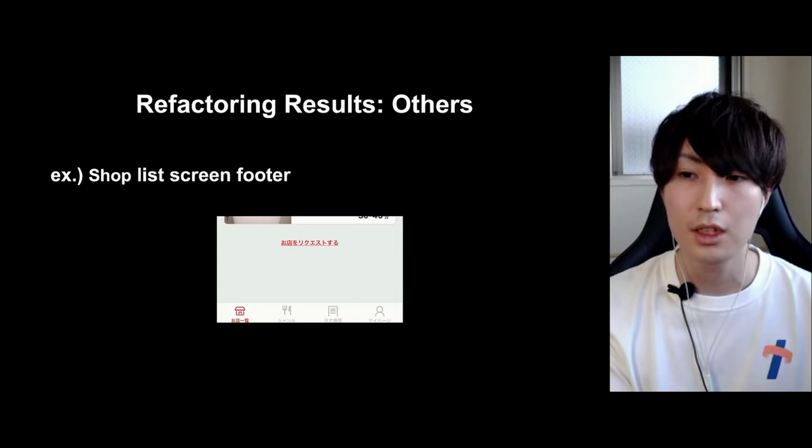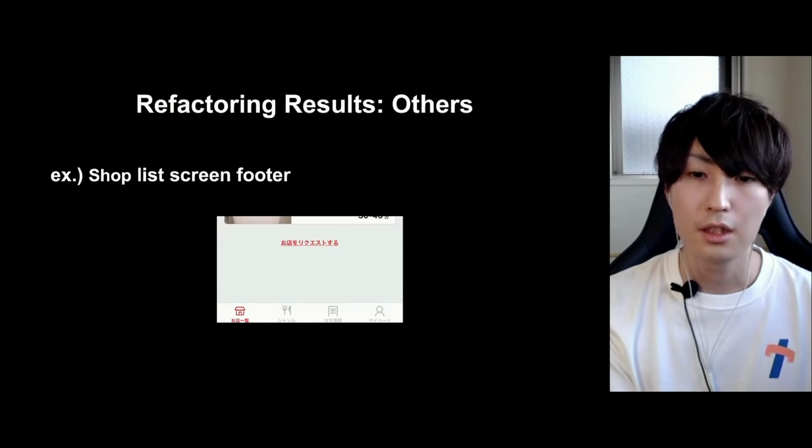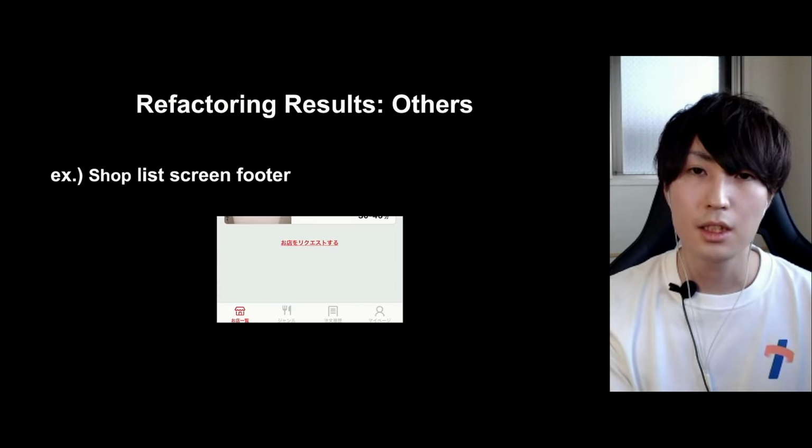But through consultation, we were able to modify the direction to always display it. This eliminated the complexity of the code and made the specification lean and simple. In the process of organizing components, we consulted with the planning team about specifications that we had questions about, which helped us organize the specifications.